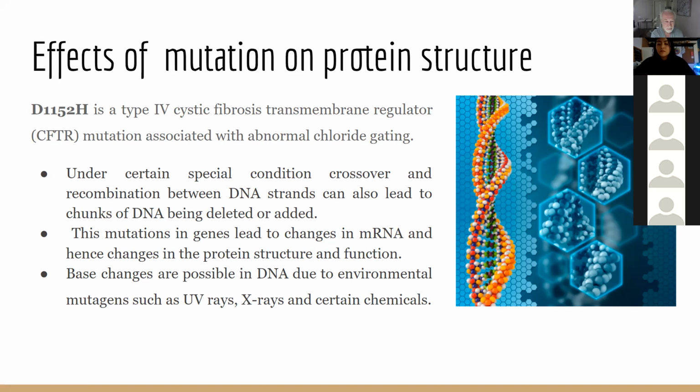These mutations in genes lead to changes in RNA and then changes in protein structure and function. So base changes are possible in DNA due to environmental mutations such as UV rays, X-rays, and certain chemicals.